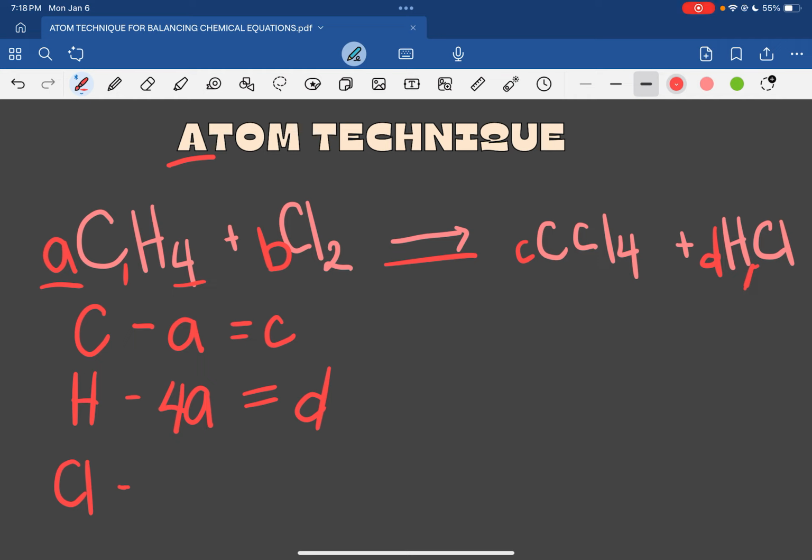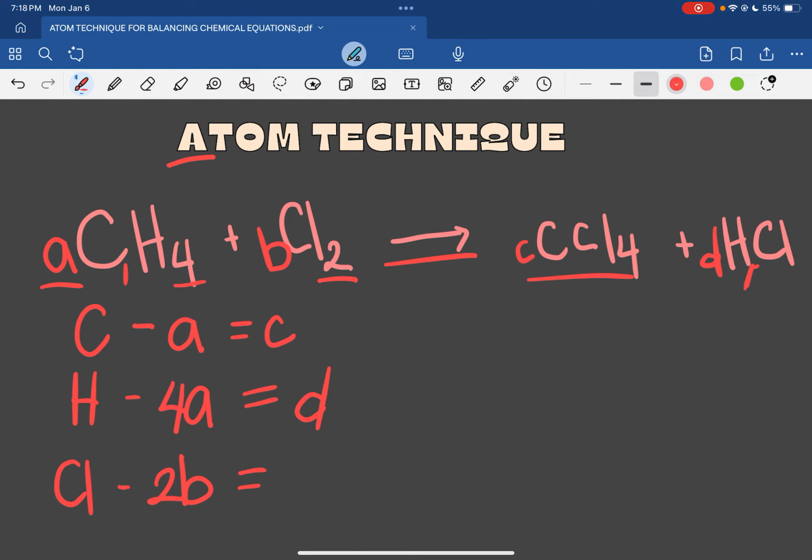Now let's move on to the chlorine. As you can see in our first substance, there are no chlorines in there, so we're just going to skip them. The second substance, on the other hand, has 2 atoms of chlorine, so we're going to multiply them. So 2 times B, we're going to get 2B. Then put the equal sign, and in here, on the third substance, we have 4 chlorine atoms.